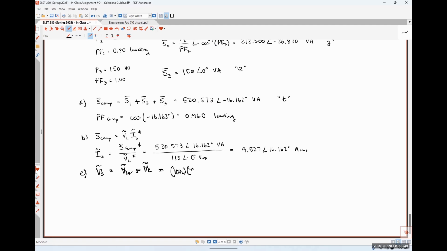Where IS was that 4.527 with an angle of 16.162 degrees amps RMS, plus 115 angle 0 degrees volts RMS.